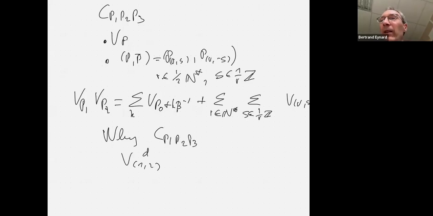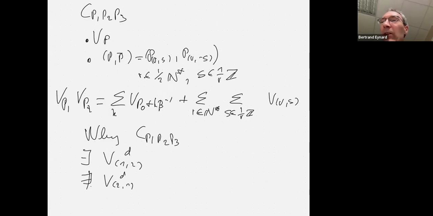We cannot add V(2,1) to the spectrum of the model because otherwise this field would shift the first Kac index by 2, and this wouldn't be compatible with the values of r and s which we have assumed here. In particular, if you shift r by 2, the condition that s is in 1 over r Z is broken. So it's still an open question why this C P1, P2, P3 is relevant to critical loop models.